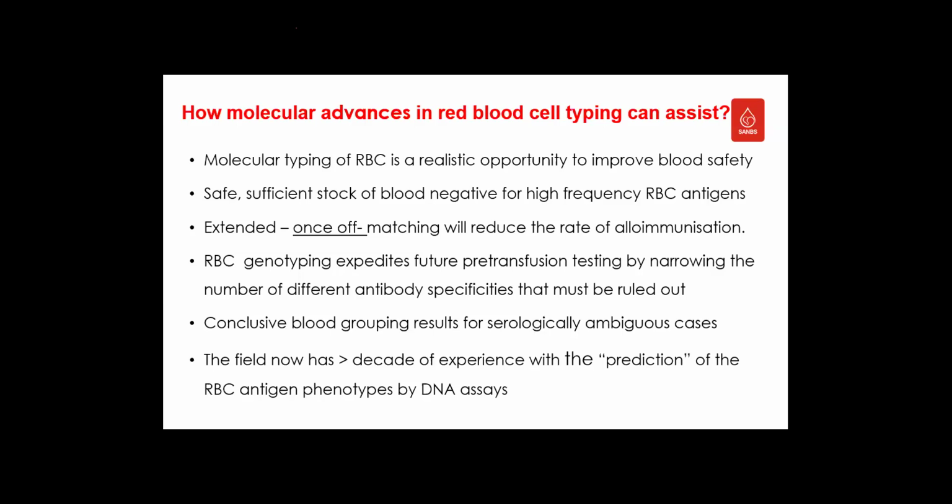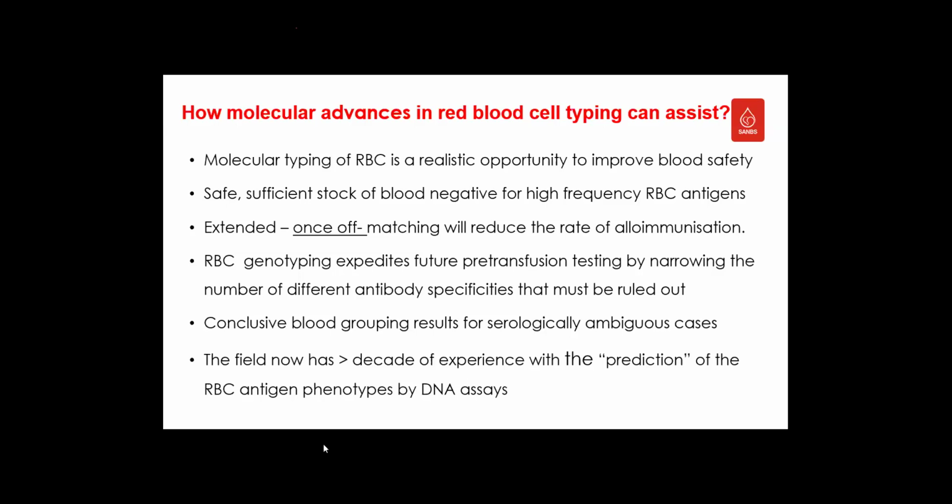In our setting at the moment, because we can't do this holistically for our donors and patients at this point in time, we apply genotyping in inconclusive blood grouping results from serology that are ambiguous just by serological testing. At a global level, this field now has a few decades of experience with the prediction of the red cell phenotypes by DNA assays.